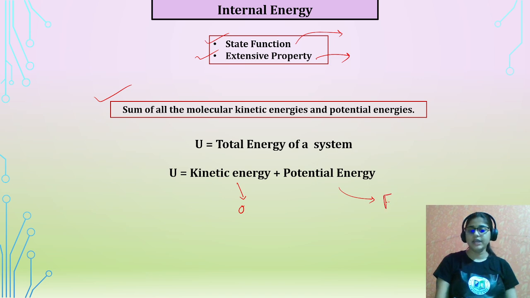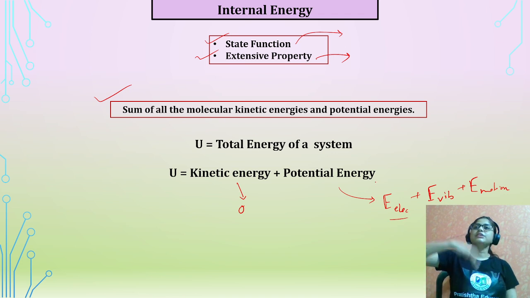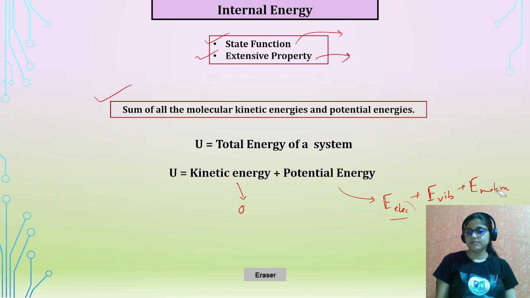So E electronic plus E vibrational plus E rotational, the energy due to electron transfer between electronic states, vibrational motion, and the rotational motion.